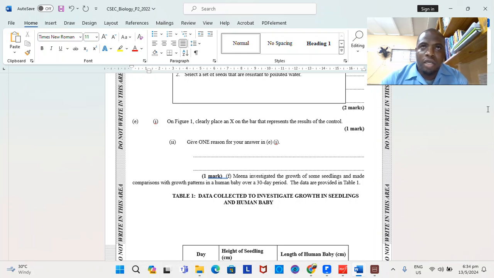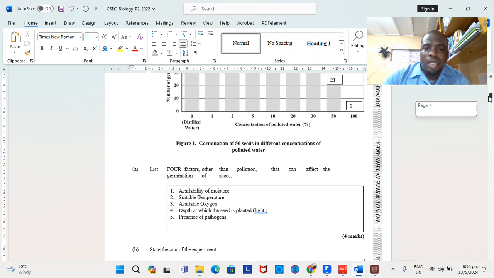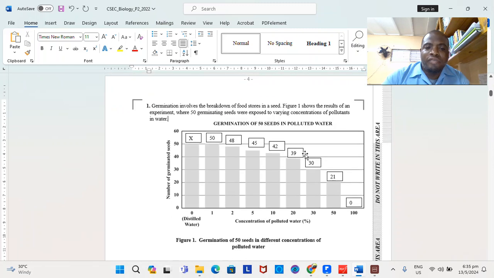So the change in the concentration, and one of the responding variables would have been the total number of seeds that germinated. Now the control is that distilled water, that set of seeds, the water provided to them did not contain any form of pollutant.